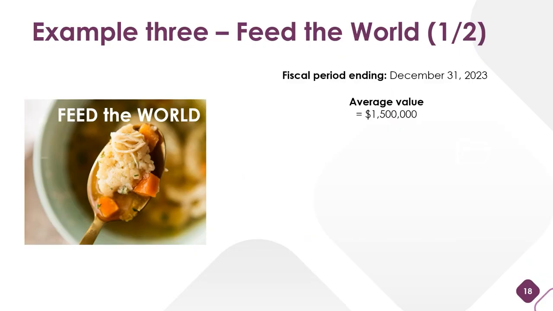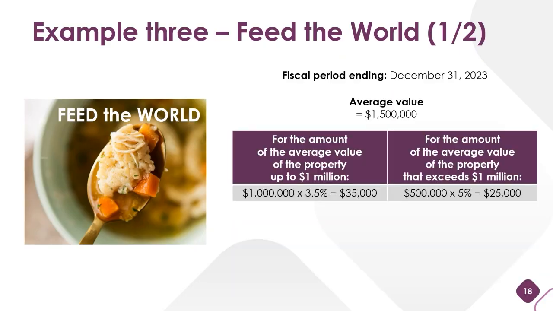In our other two examples, the average value of the property was under $1 million, so we multiplied them by 3.5%. But in this example, the average value of the property is over $1 million. So we need to multiply the first $1 million by 3.5%, multiply the amount over $1 million, $500,000, by 5%, and then add these two numbers together.